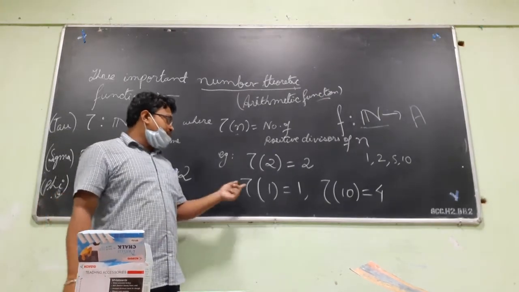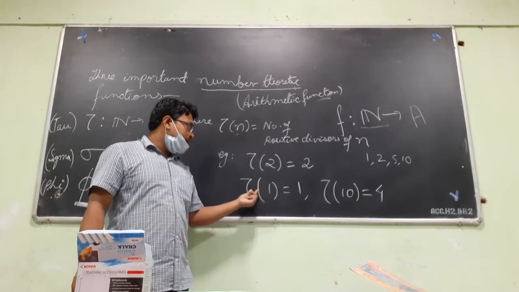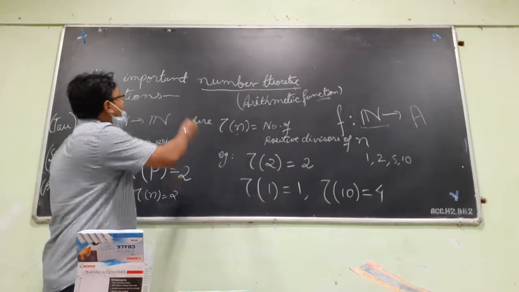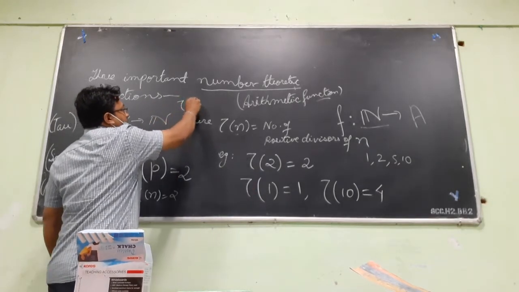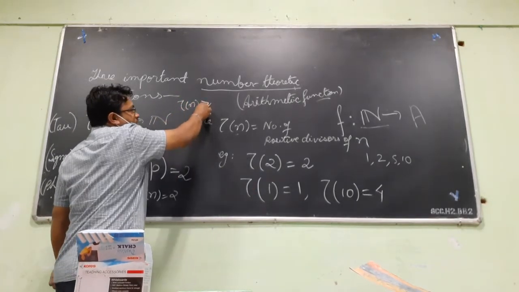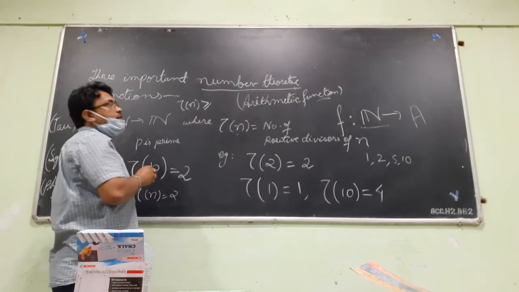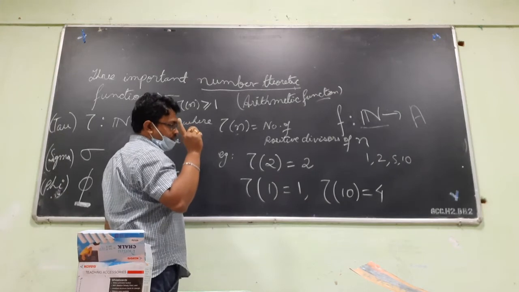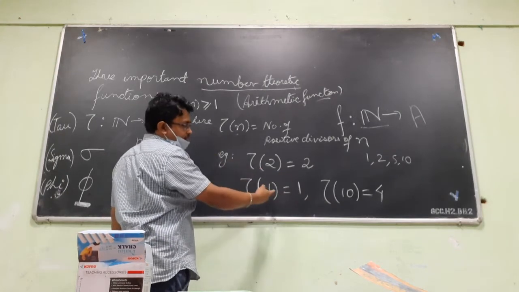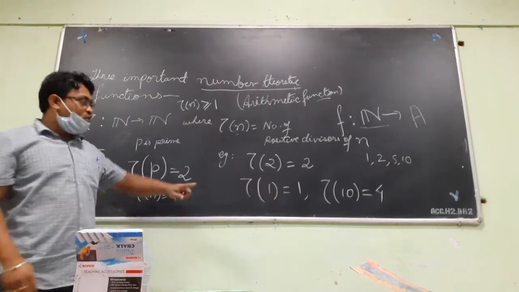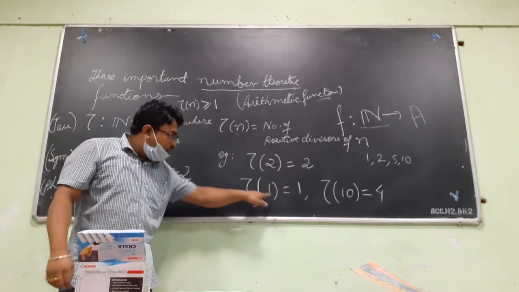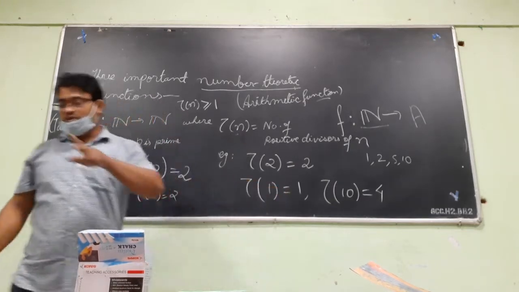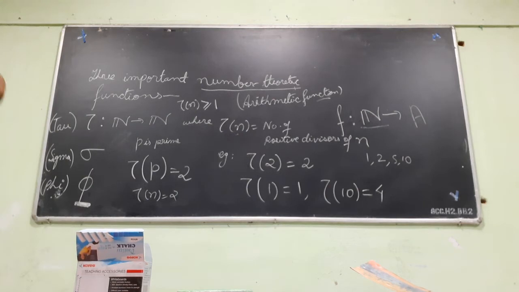And what is the smallest value that tau of n can take? For any natural number, tau of n is always greater than or equal to what? 1. The only number for which tau of n is 1 is 1 itself, because only 1 has one positive divisor. Every other number has at least 2: 1 and itself.